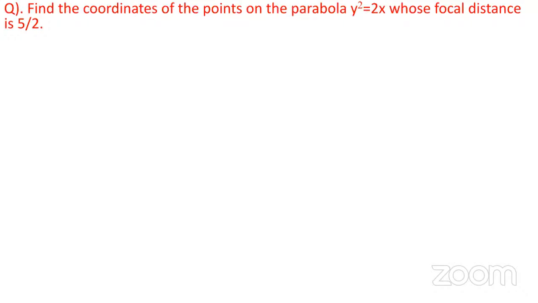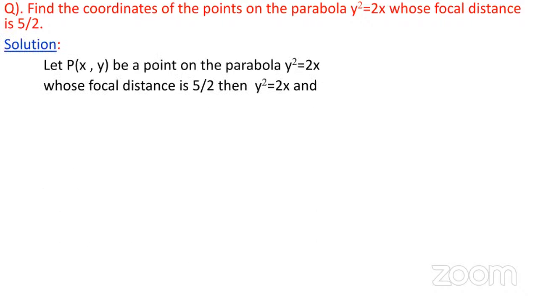This is a repeated question in intermediate. The focal distance is nothing but x1 plus a, which is given as 5/2. From y square equals 2x, you get 4a equals 2, so a equals 1/2. Solution: let P(x, y) be a point on the parabola y square equals 2x whose focal distance is 5/2, and the focal distance is x1 plus a.